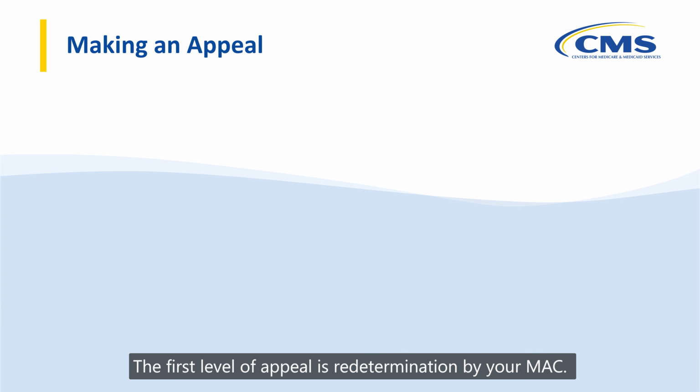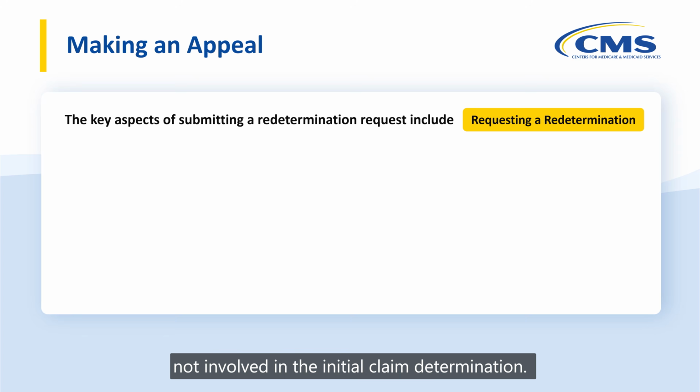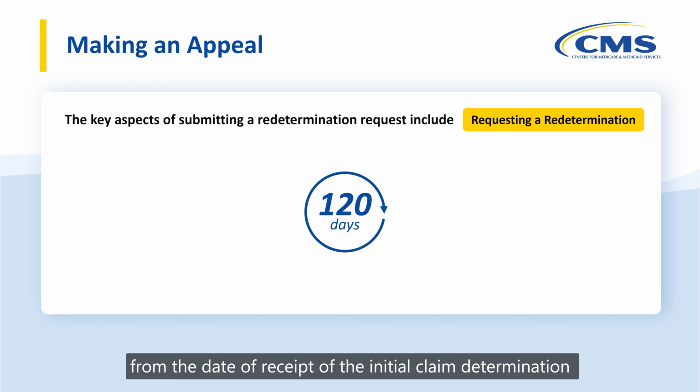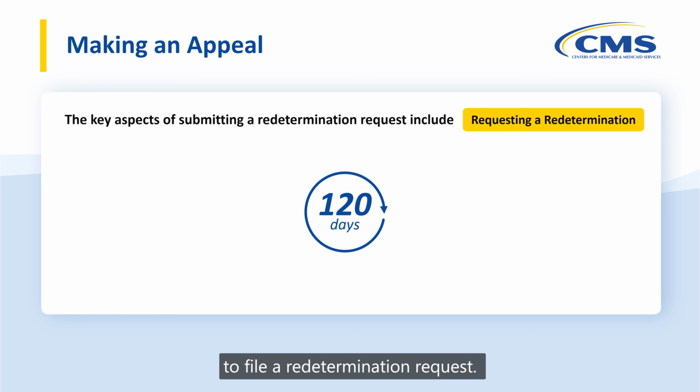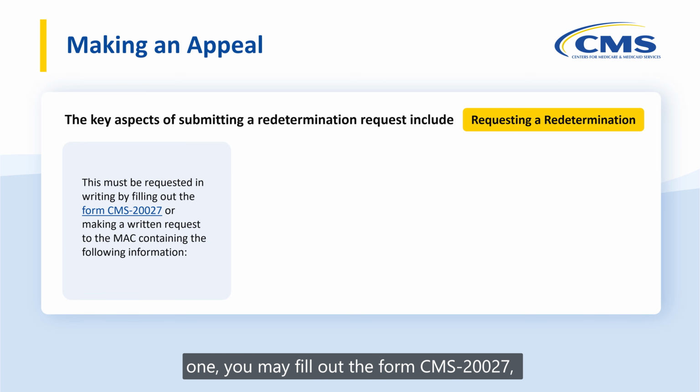The first level of appeal is redetermination by your MAC. This consists of another review of the initial claim by MAC personnel not involved in the initial claim determination. You have 120 days from the date of receipt of the initial claim determination to file a redetermination request. There are two ways that a supplier can request a redetermination. 1. You may fill out the form CMS 20027, or 2. You may make a written request.